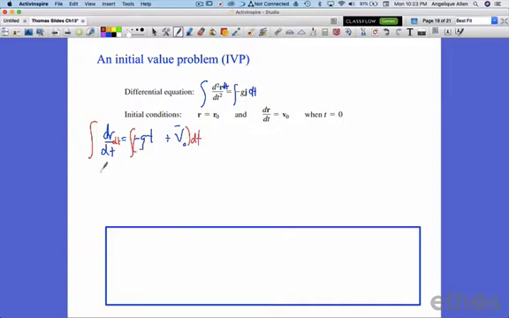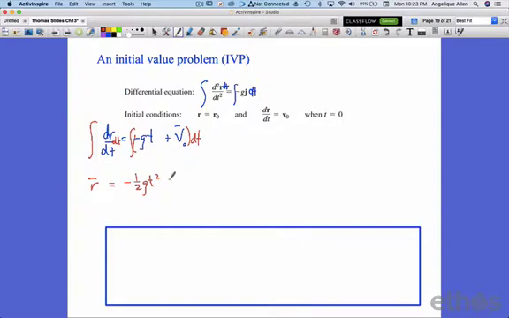All right, and here's what we've got. The antiderivative of dr/dt is r, and we're going to have negative 1/2 g t squared. G is a constant, so basically the antiderivative of t is negative 1/2 t squared. The negative is from here.